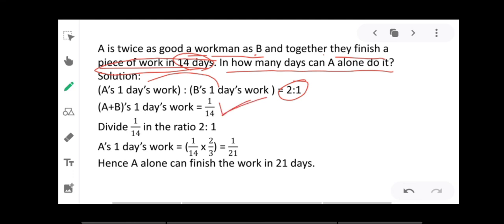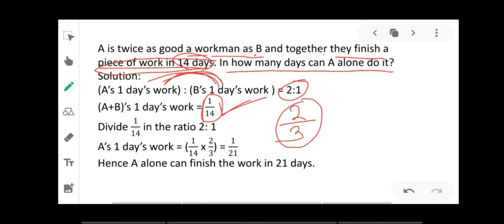So 1 upon 14, this is the 1 day work of A and B. And the ratio of 1 day work of A and B is 2:1. So A's share will be 2 by 3.